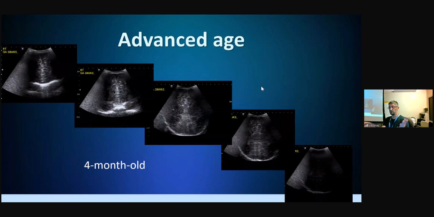We are doing the ultrasound in the neonate, but if the fontanelle is open, you can always do it at an advanced age, as long as the fontanelle is open. But if you're doing it in a 4-month-old, the images will be limited, as you can see here, because of the hair and because of the small fontanelle.